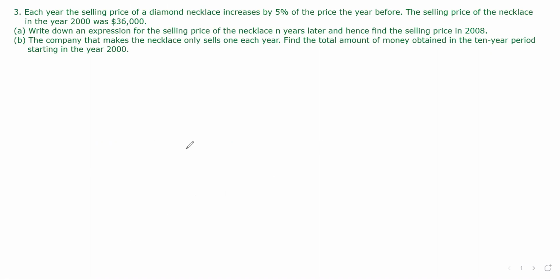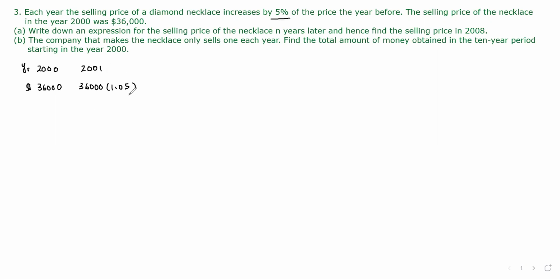So we are looking at the year 2000. In year 2000, the selling price was 36,000. And the price increases by 5% of the price the year before. So in year 2001, the price of the necklace would be 36,000 times 1.05.